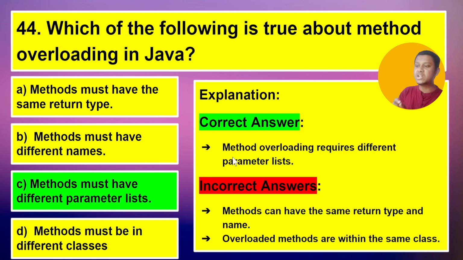As you can see, method overloading requires different parameter lists, and methods can have the same return type and name, which is incorrect for method overloading, and overloaded methods are within the same class only. So here the correct answer will be methods must have different parameter lists to perform method overloading.